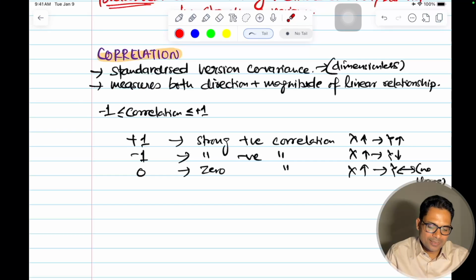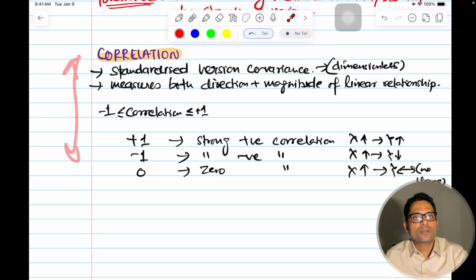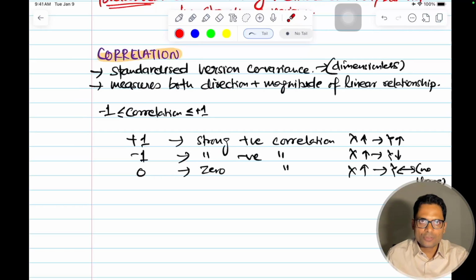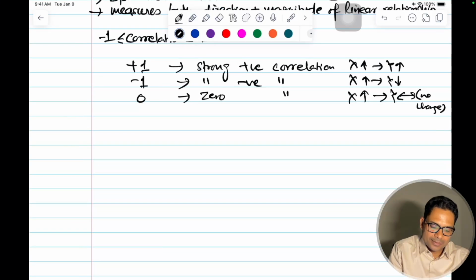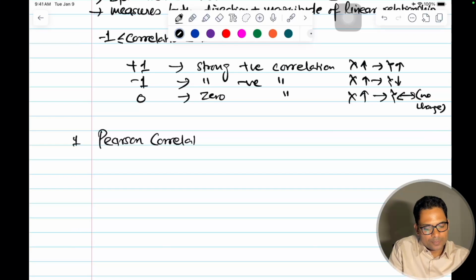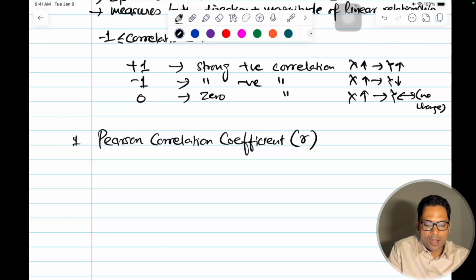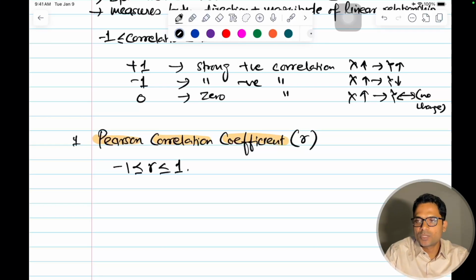The two most common ways to measure correlation: the first one is the Pearson correlation coefficient. This is denoted generally by the symbol R. It has the same range, -1 ≤ r ≤ 1.